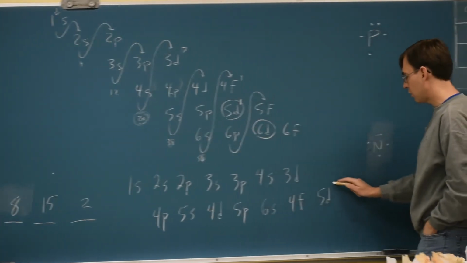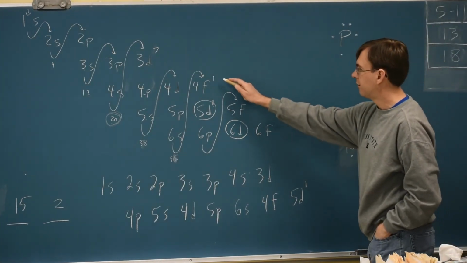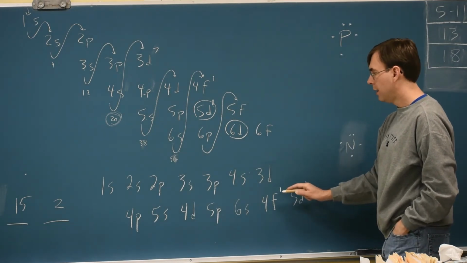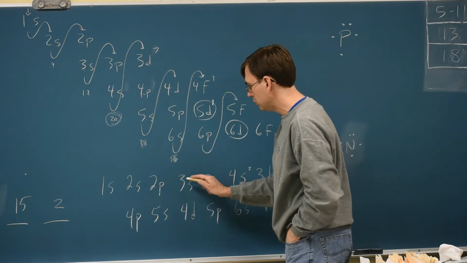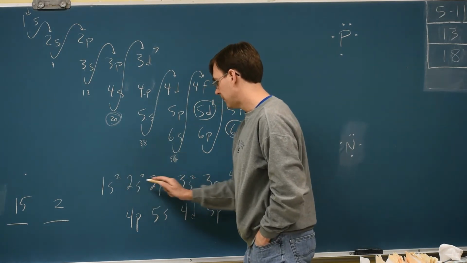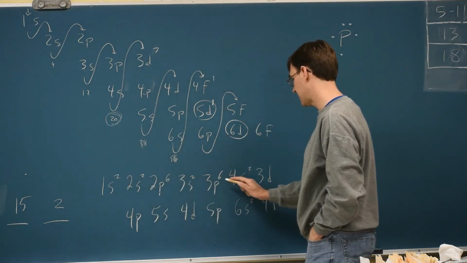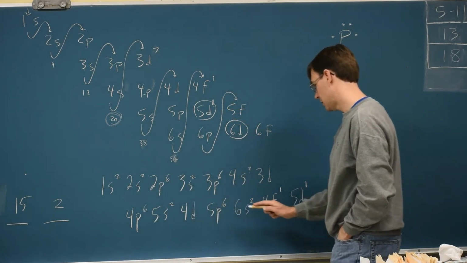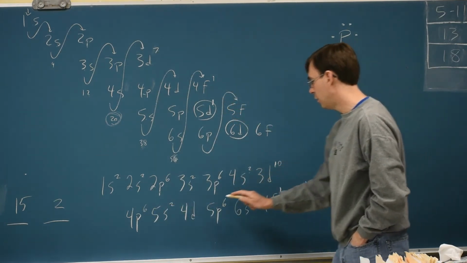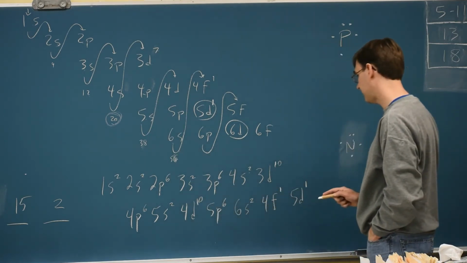The 5D took 1, the 4F took 1, and the rest of these were filled. S's all filled with 2's. P's all filled with 6's. D's fill when they reach 10.